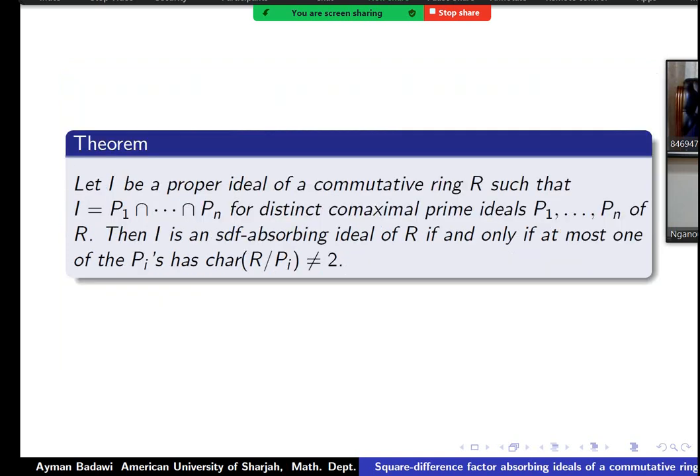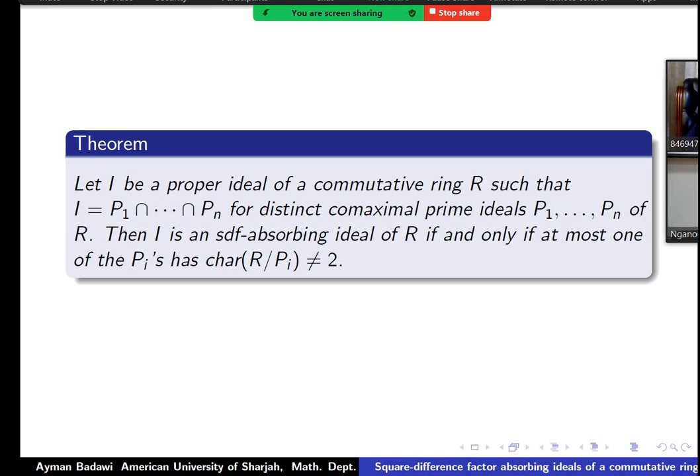Okay. Here is how to construct these SDF ideals. You take an intersection of co-maximal primes, then I is an SDF absorbing ideal if and only if at most one of these P_i has characteristic not equal to 2.